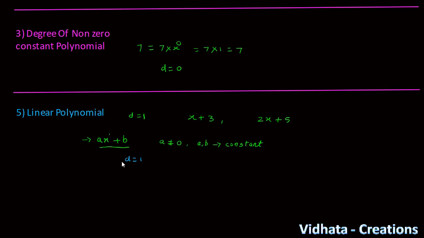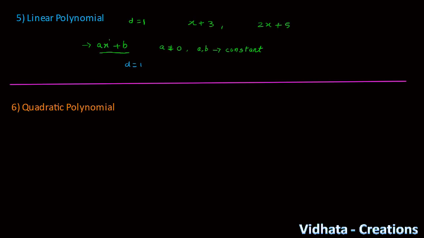In this way, a linear polynomial can have at most 2 terms. Now what have you studied about the degree of a linear polynomial? The degree of a linear polynomial is always equal to 1, or a linear polynomial is a polynomial having degree equal to 1.